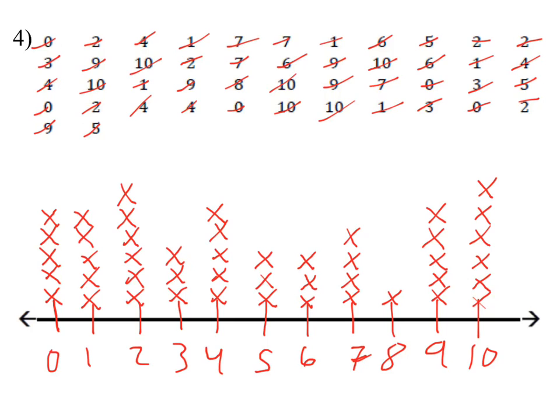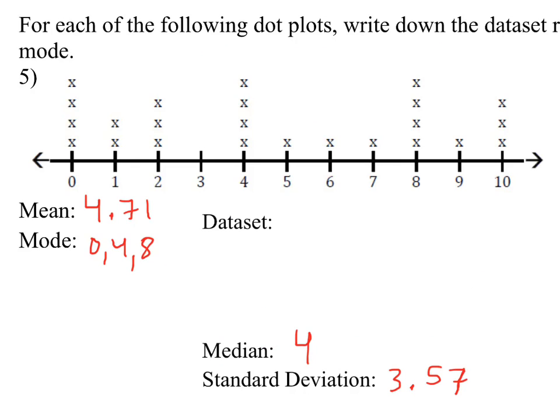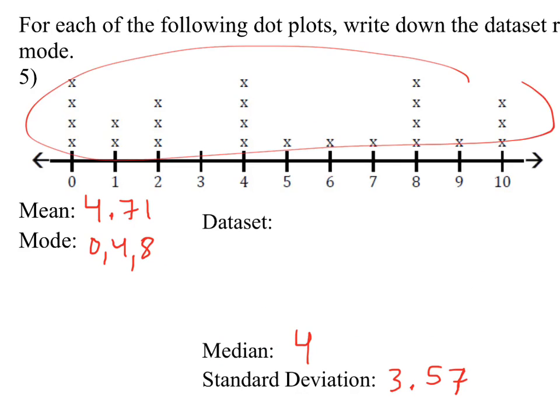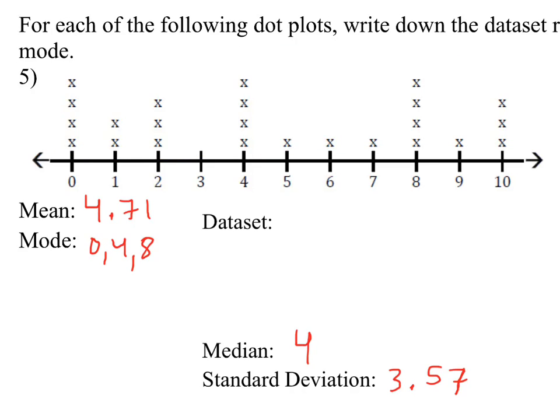So there you go. There's your beginning dot plots. And when you get down to the next part, you need to pull the information off of your dot plot and get your data set from it.